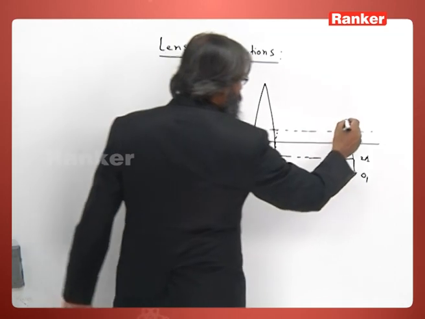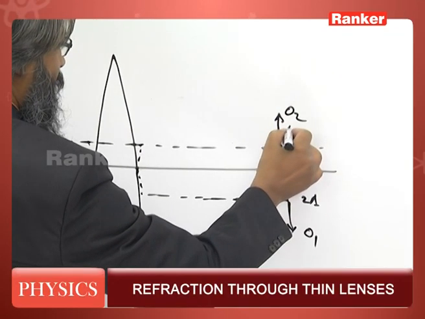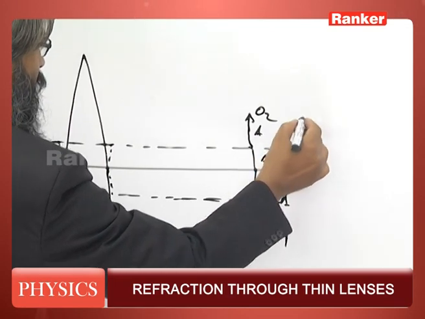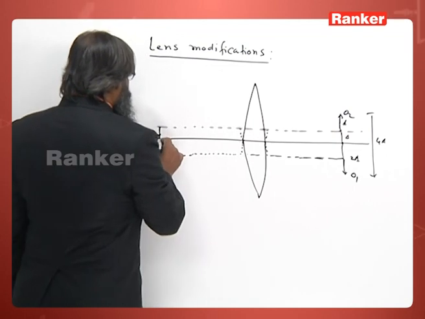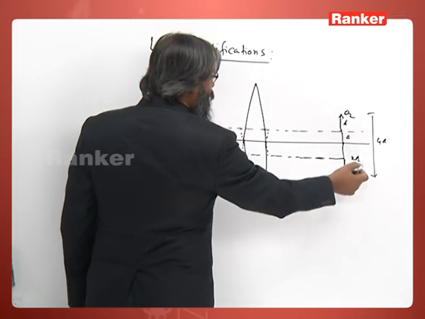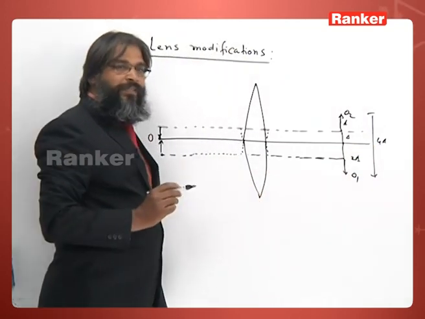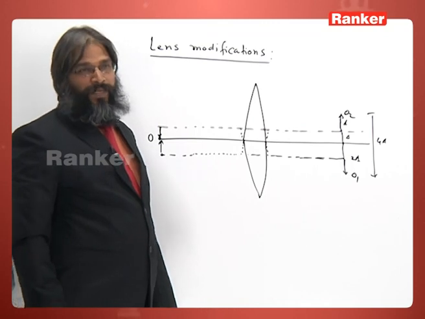So, its image is formed here. This is O2. Again this is delta and this is delta. So, the distance becomes 4 delta. So, this O will have O1 here and O2 here and 4 delta will be the distance, and this is how that composite lens system will work.